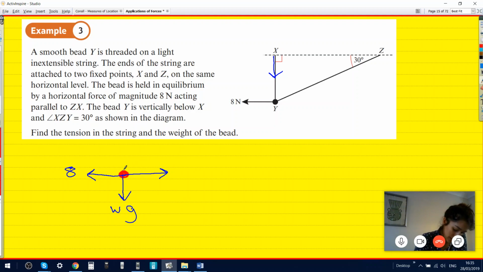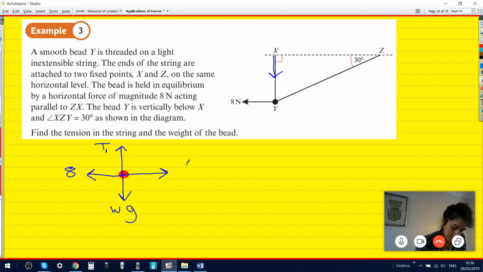Okay, we're going to do it that way. So 8 going that way. Up is tension, down is weight, and diagonal is Z. It's more like diagonal. You've just got to start going for it.